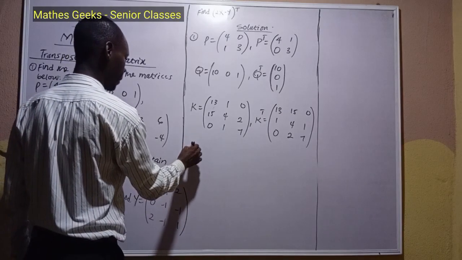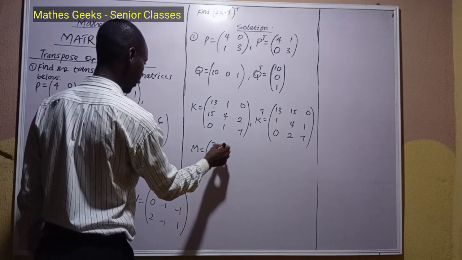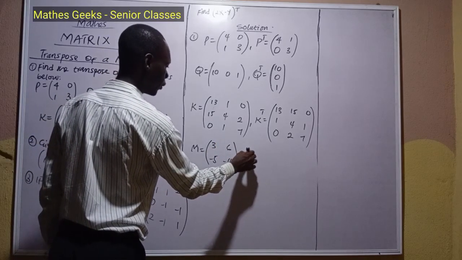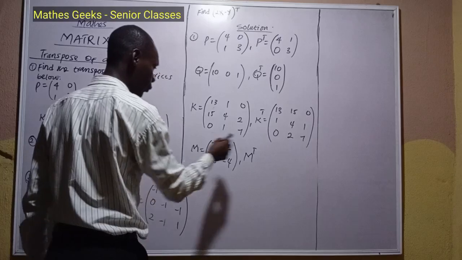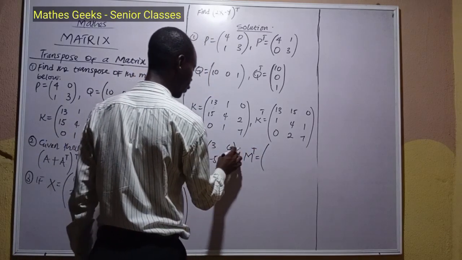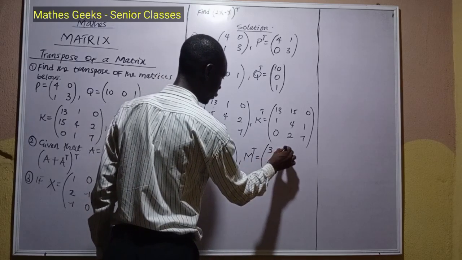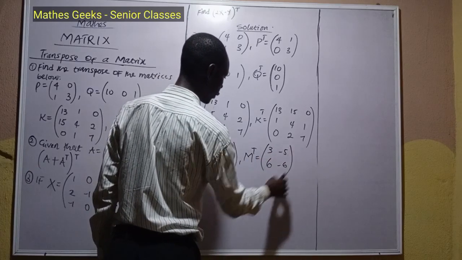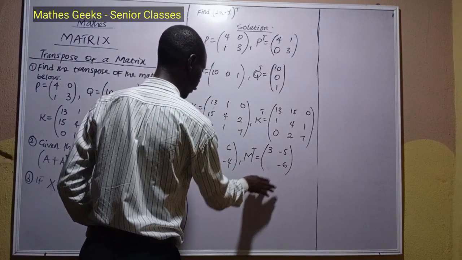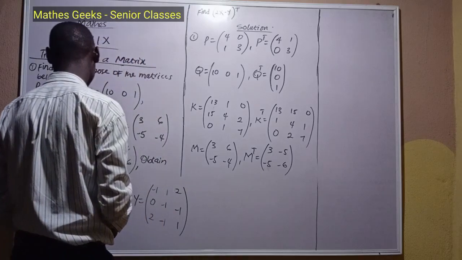And N is 3, -5, 6, -4. So N transpose, from this row to column 3, 6, from this row to column -5, -4. That's number one.